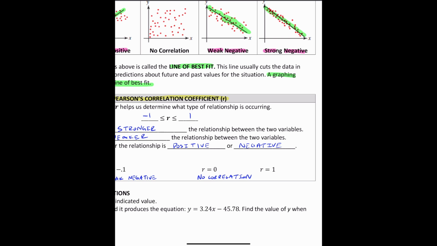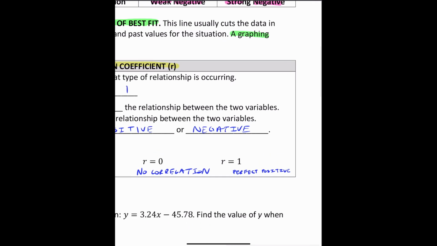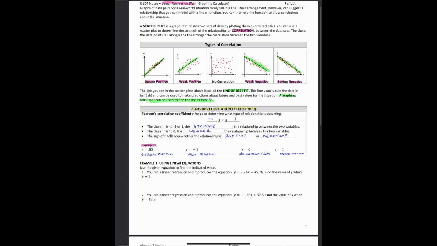So whenever we have something like this, we call it a perfect. And since this is a positive one, it's a perfect positive, which in the real world does not exist. No such thing as a perfect positive in the real world.